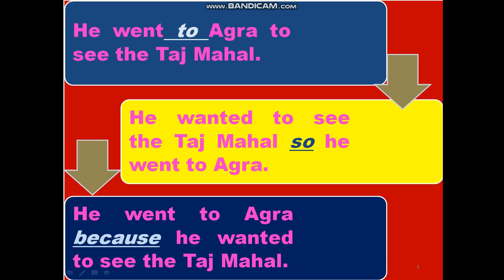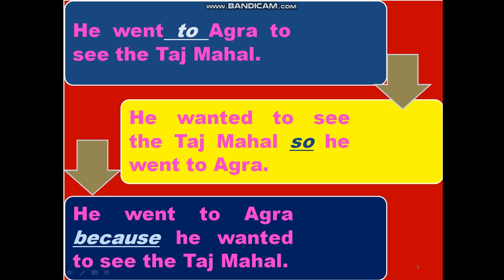Do you find any difference between these three sentences? Yes, they are different. In the first sentence, we have only one finite verb, and that is went. The second finite verb, that was wanted, is not here. So this is a simple sentence.